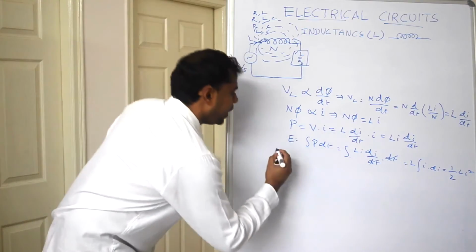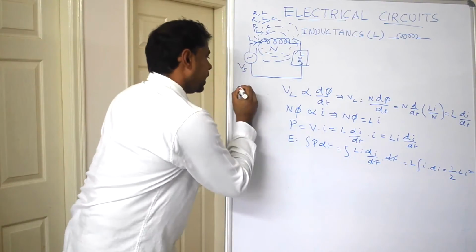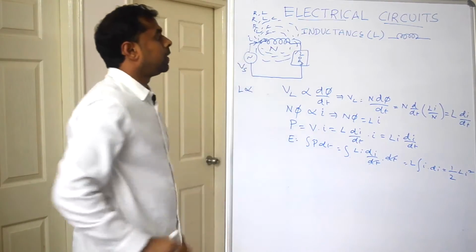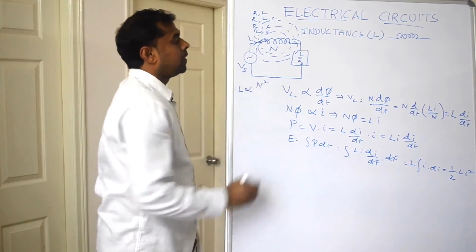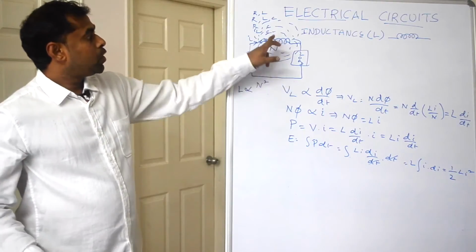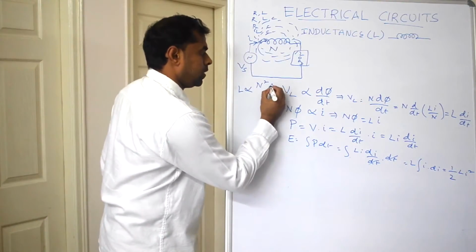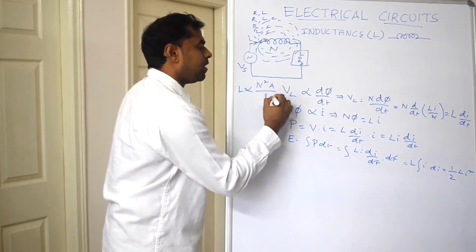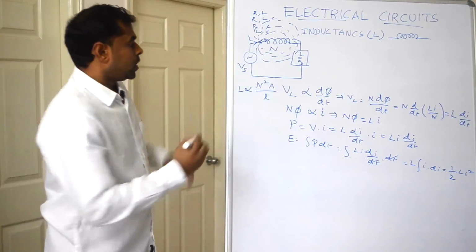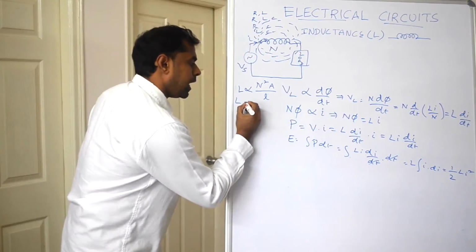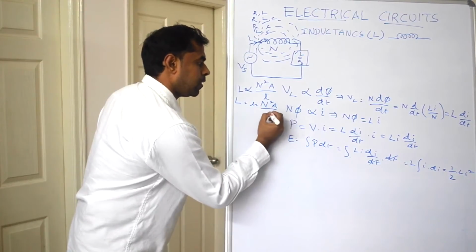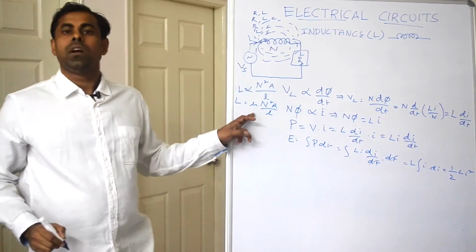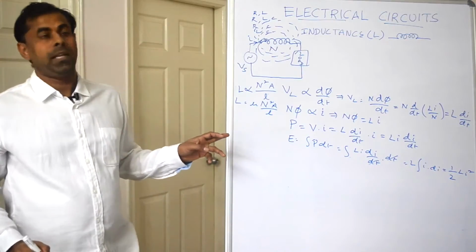Next, physically, inductance is directly proportional to the square of the number of turns, directly proportional to the area of cross section, and inversely proportional to the length of the magnetic field. If I apply the constant of proportionality, L is nothing but this, where the constant of proportionality is called mu. Mu is the permeability.